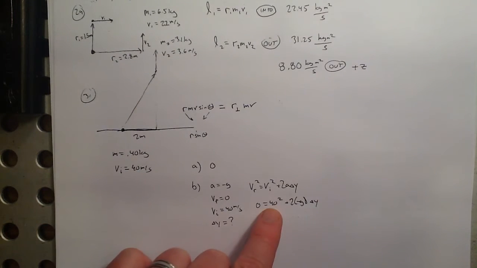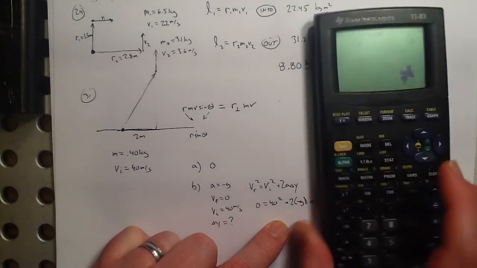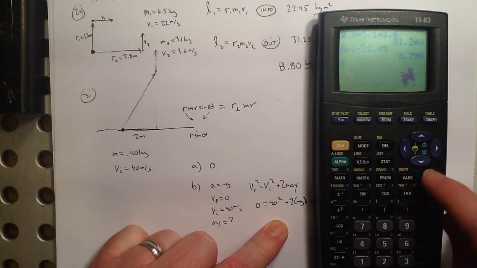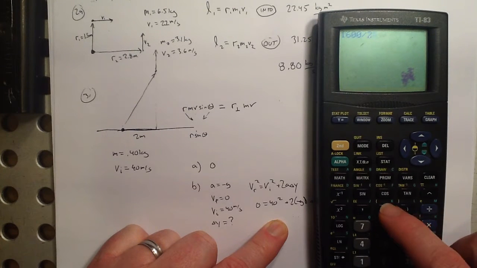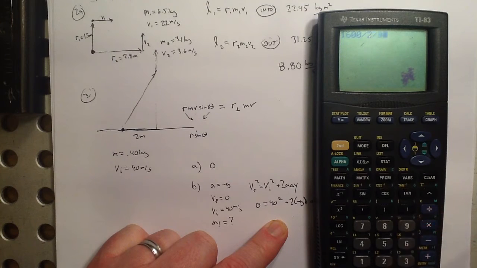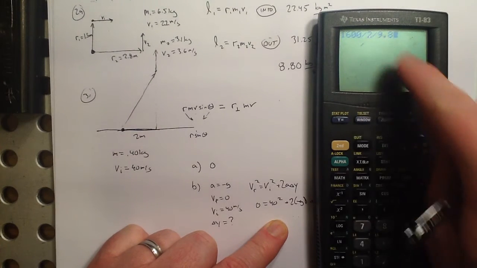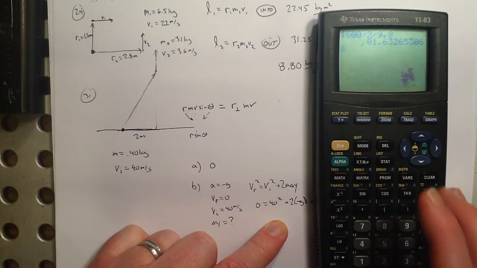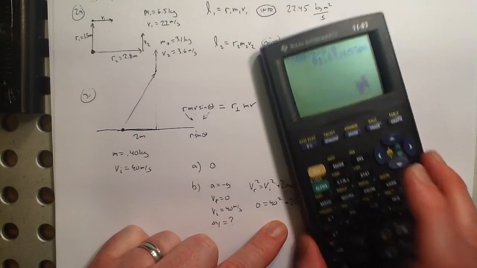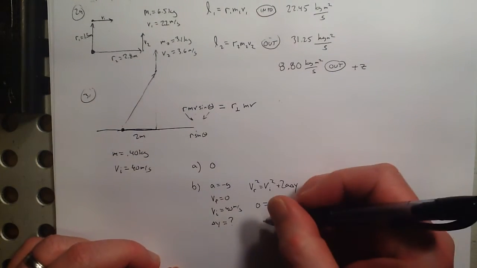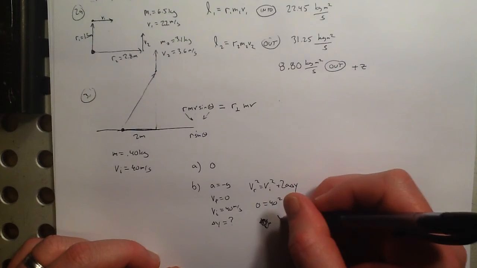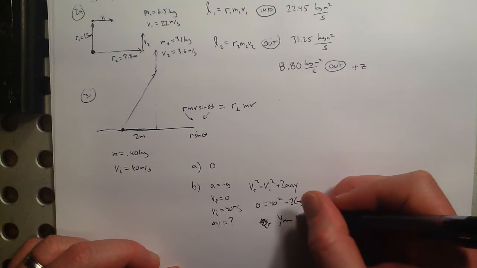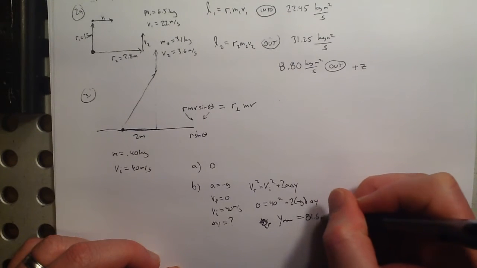So delta y is 40 squared divided by 2g. You have to divide both of those or put it in parentheses, however you're going to deal with that. So maximum height's 81.6. I'm going to call that y max is equal to 81.6 meters.